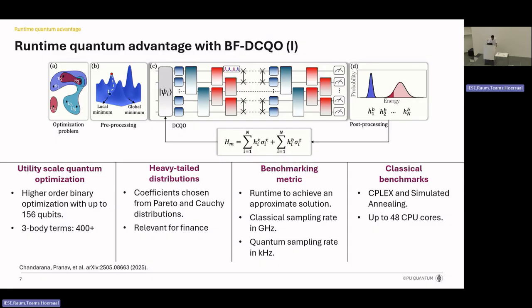And finally, we benchmark with 2 solvers. One is Cplex, and the other one is a heuristic, simulated annealing. The choice is because we contacted 2 groups. First, we contacted people from Google.